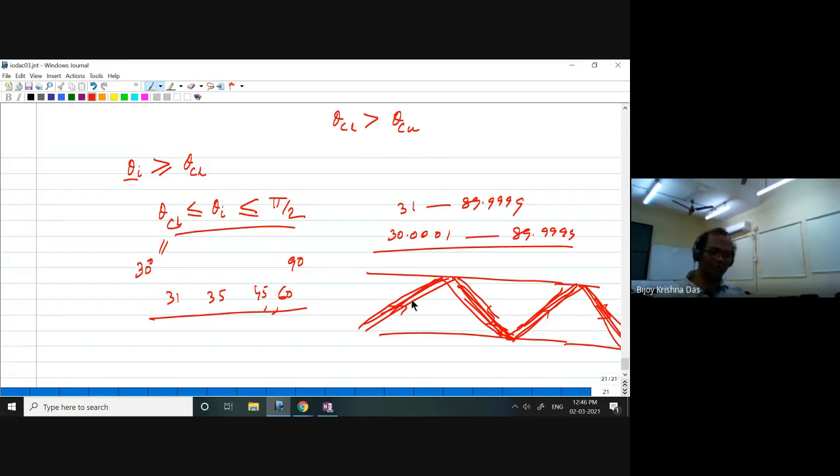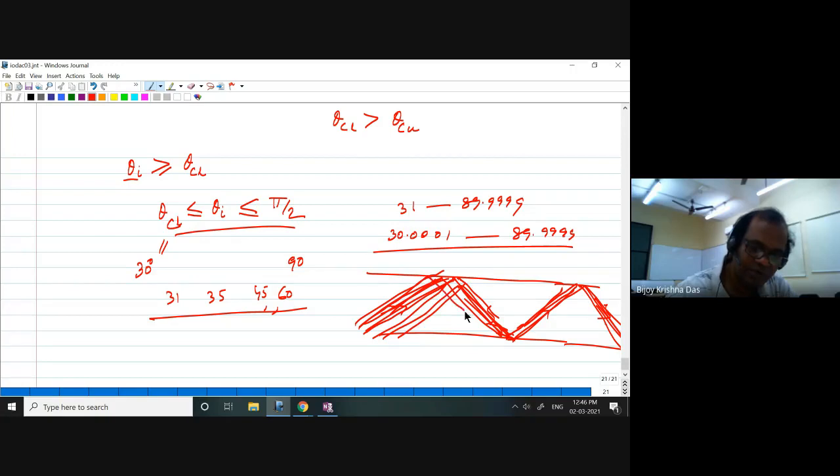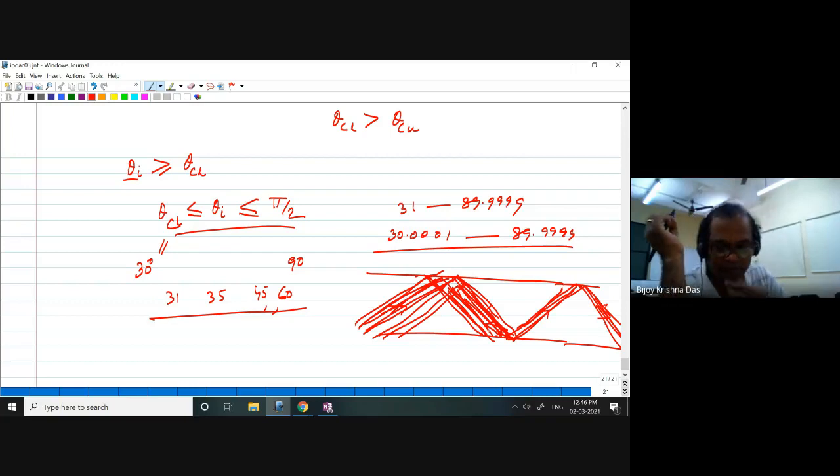No one can help, right? Let us think about this. Suppose the beam is a little bit broader, something like this. What can you expect?